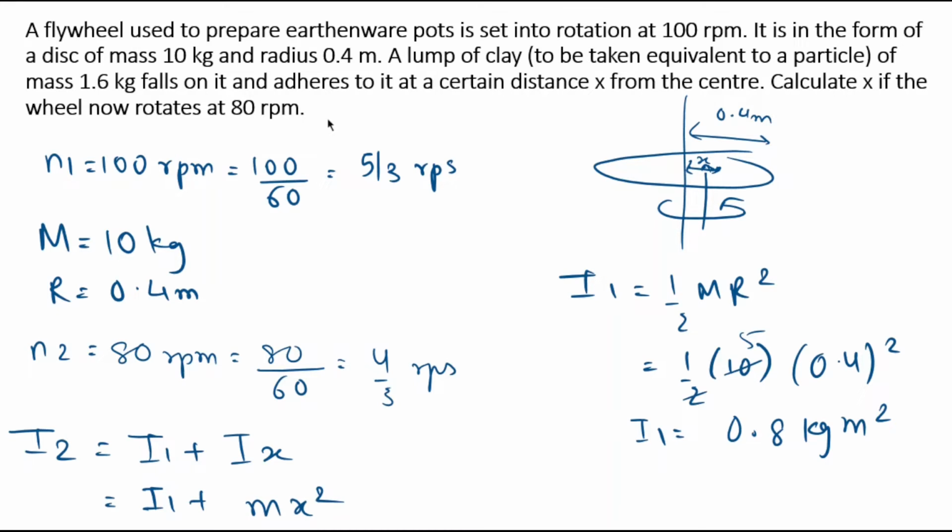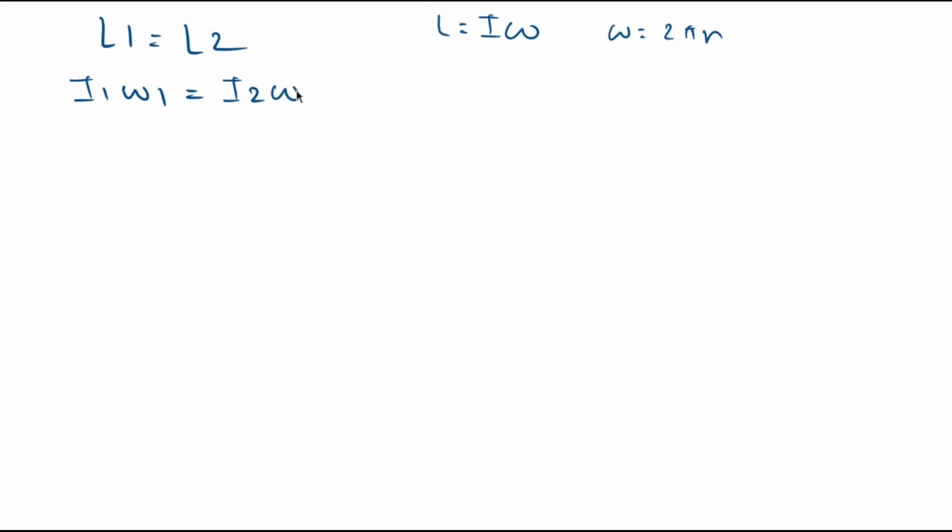Now for the given condition of the flywheel when the clay was stuck to it, and before that they haven't applied any torque, so we can say that by the principle of conservation of angular momentum, L1 will be equal to L2. So we know that angular momentum is moment of inertia into omega, where omega is 2 pi n, and L1 will be I1 omega 1 and L2 will be I2 omega 2.